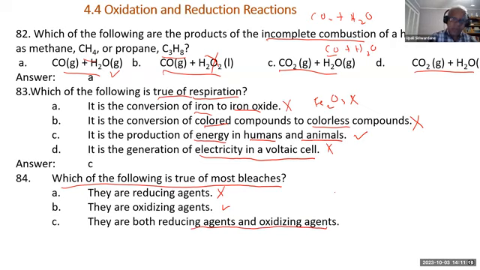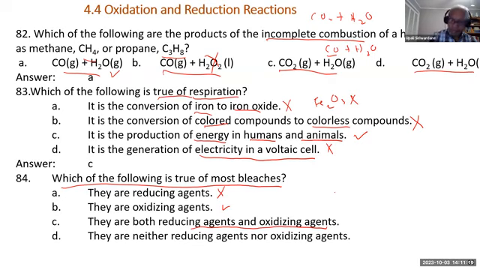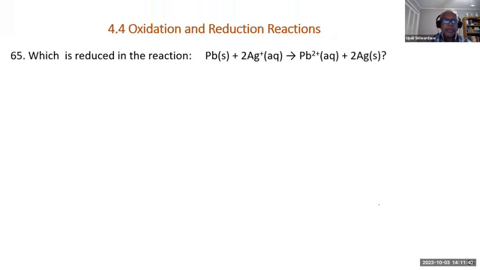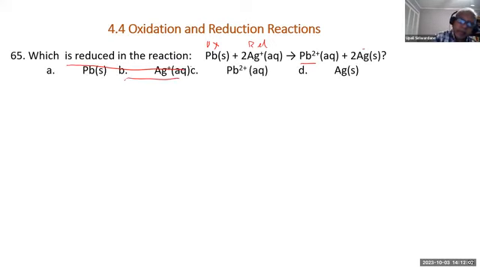No, oxidizing agent is the correct answer. Neither, that's not correct either. The answer is B, oxidizing agent. So it oxidizes the material, dirt on clothes or countertops, when you use chlorine as a bleaching agent, which is reduced in the reaction. This is oxidized. It goes to lead. This is going to silver. That is reduced. So B is the correct answer.